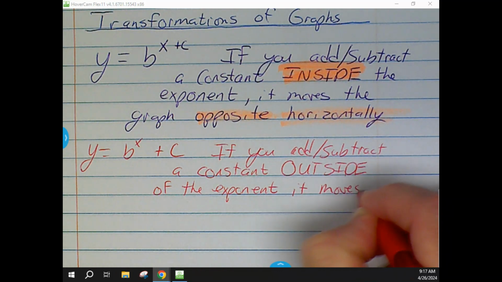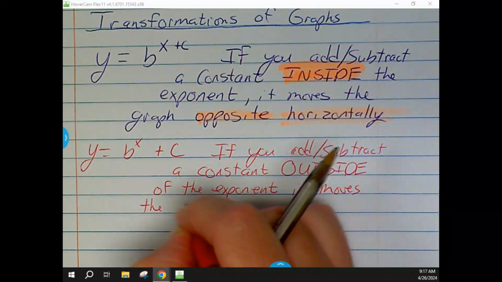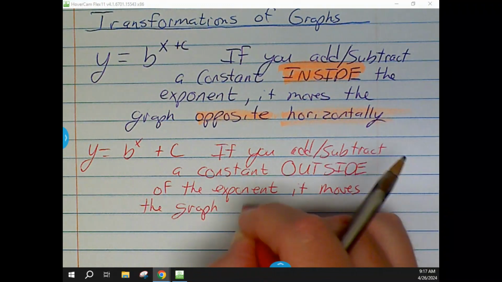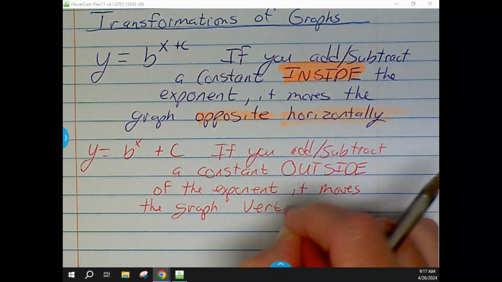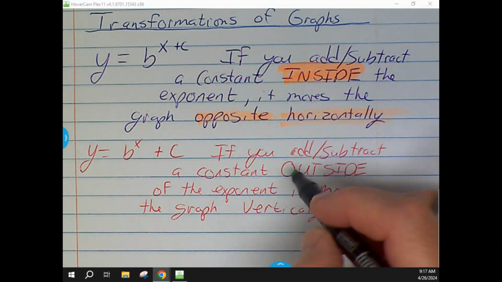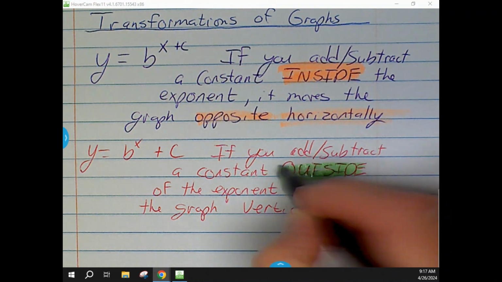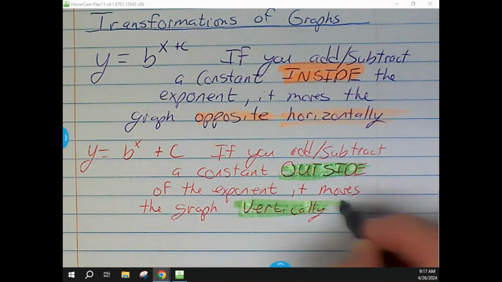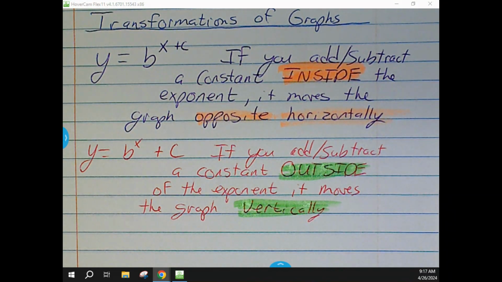It's going to move the graph vertically. So inside is opposite horizontal. Anything on the outside is vertical. And the vertical part's always in your normal direction.